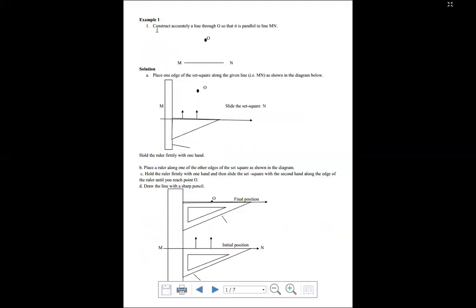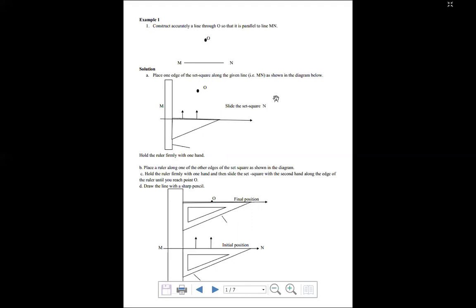Example 1. Construct accurately a line through O so that it is parallel to line MN. So here is line MN, and this is a point O above line MN. There are two methods to go about this construction, and I'm going to show you the two methods quickly.